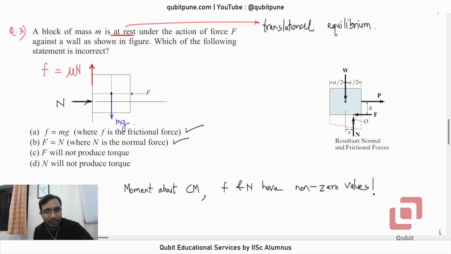Because for normal reaction, if I consider this as x, then moment due to N will be Nx. And if I call this y, then moment due to frictional force will be mu N times y. Is that clear?